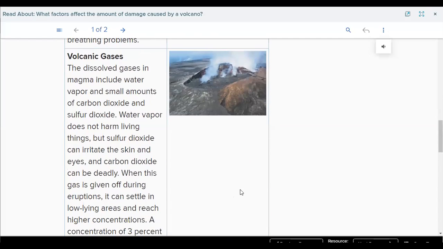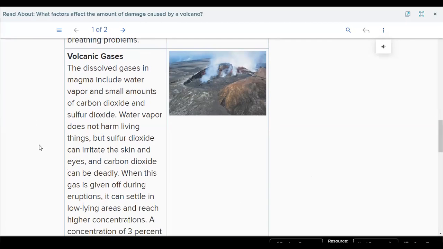After that, volcanic gases. Okay, can you read, Faisal? Volcanic gases. The dissolved gases in magma include water vapor and small amounts of carbon dioxide and sulfur dioxide.